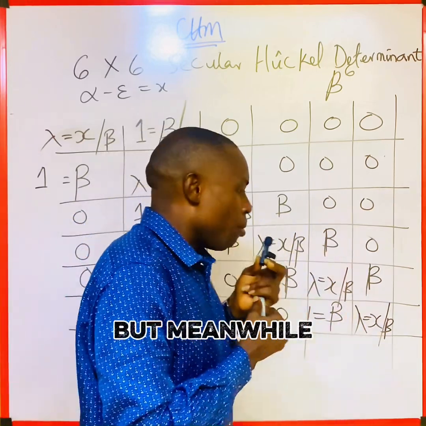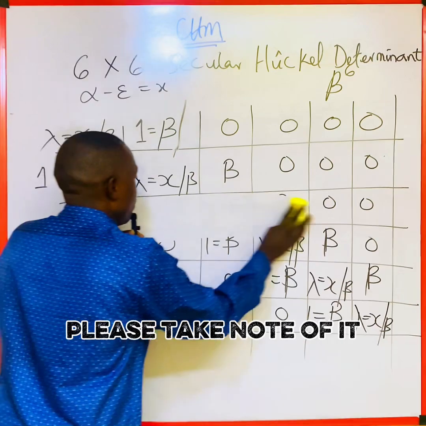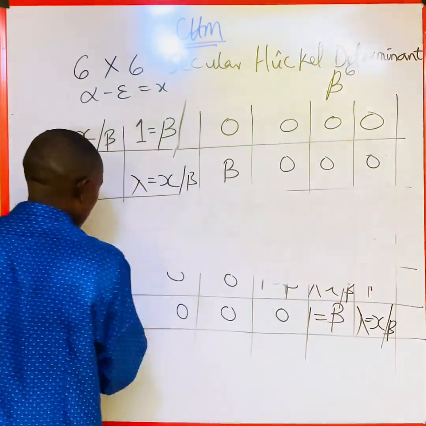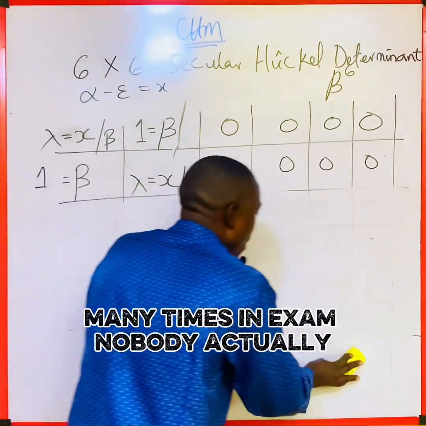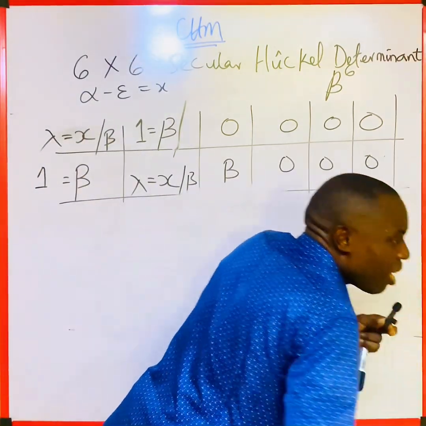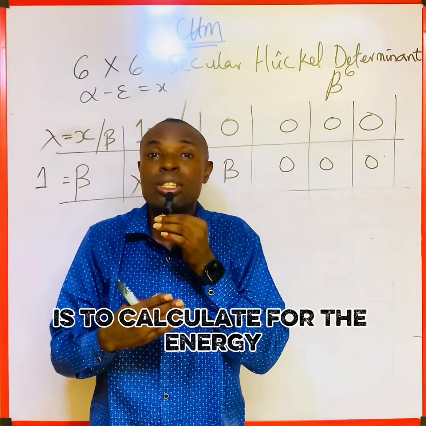But meanwhile, let me erase the board and do something for you. Please take note of it. Many times in exams, nobody actually has the time to tell you to do all this. What they simply tell you to do is to calculate the energy.